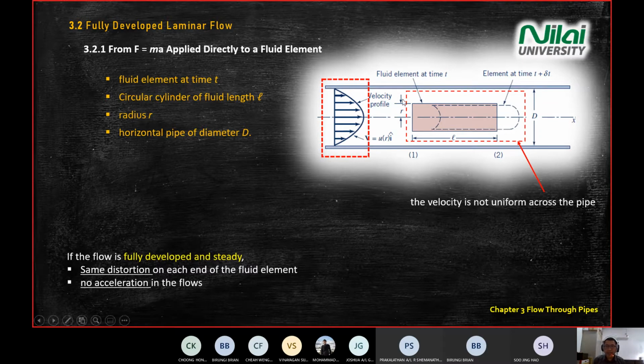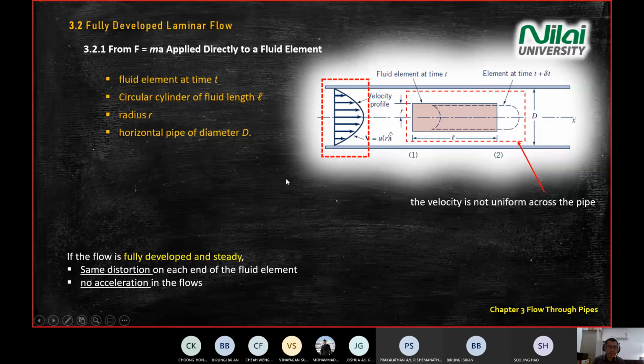What I highlight here is that as flow goes through a pipe, because of the friction, the velocity is not uniform. In the fully developed and steady section, the flow will flow in the same direction with no acceleration.